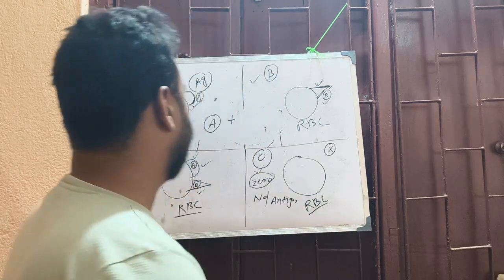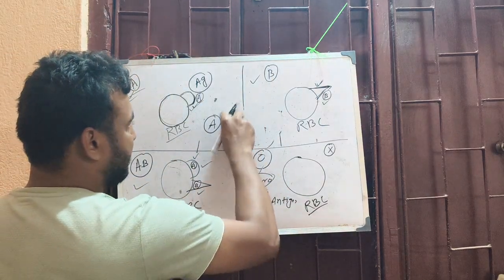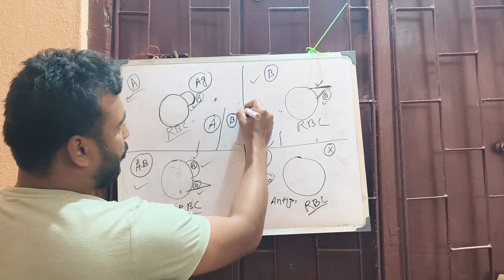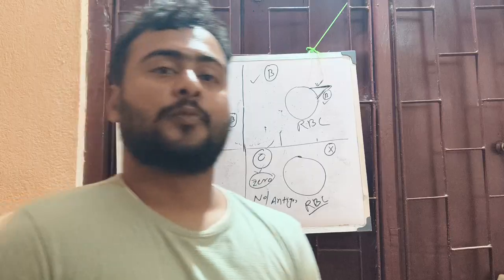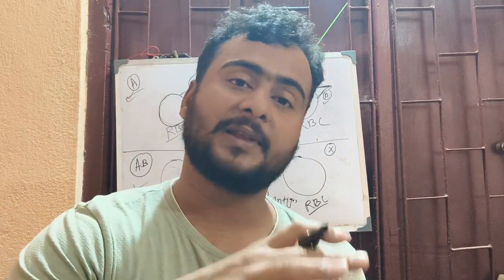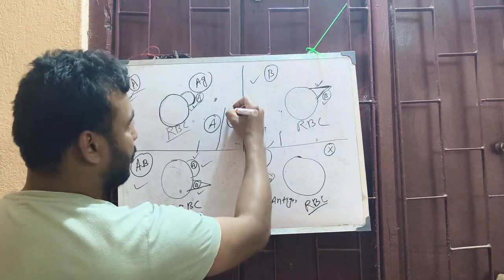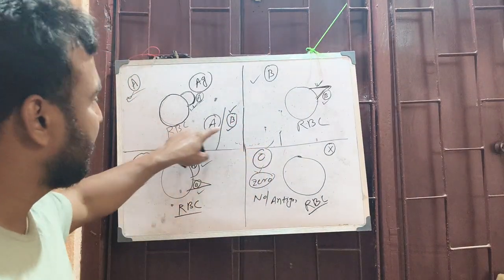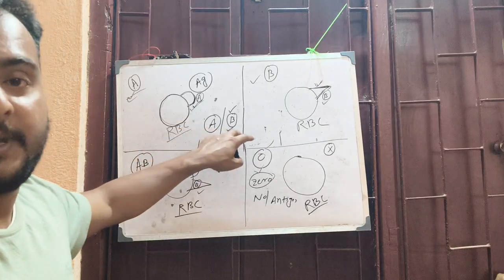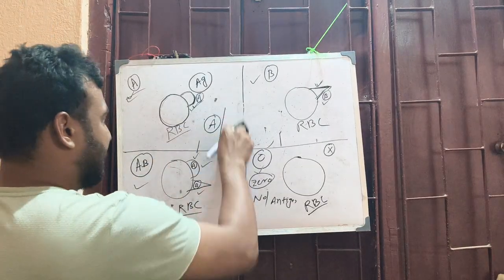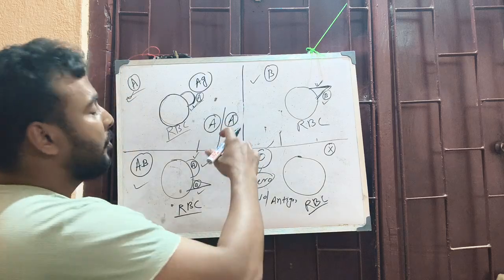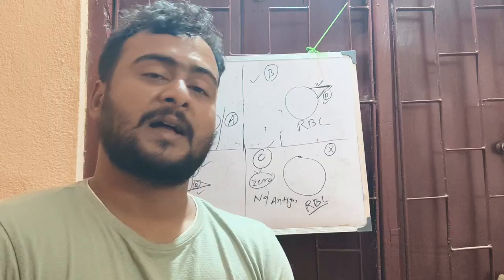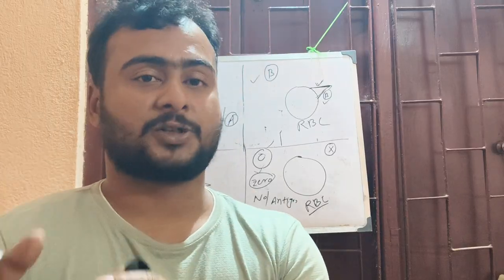So there will be a different kind of antibody which is produced by or already available in the plasma, the opposite kind. If you see A antigen and B antibody, there will be no complexation. If A and A were there, there would be rupturing of the blood cell, meaning agglutination of RBC, and our healthy RBCs would be destroyed or die.